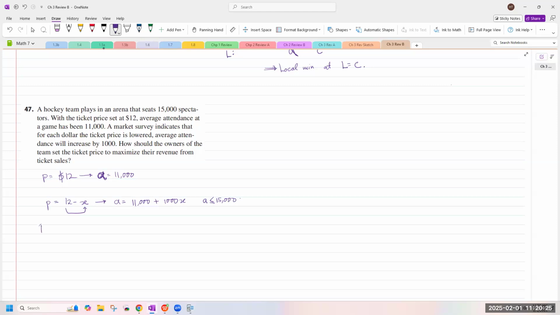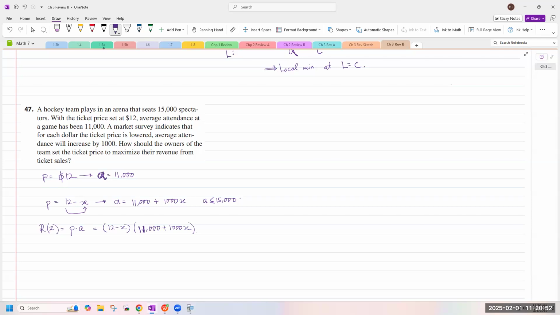The revenue function equals the price times the attendance. How many people attend times how much each of them pays, which is 12 minus X times 11,000 plus 1,000X. Okay? That's the revenue function.